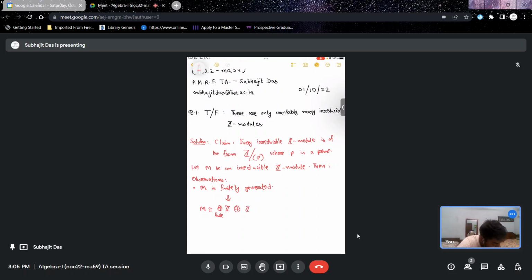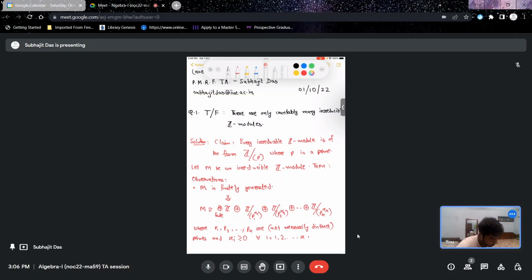So Z mod p1 to the power alpha 1, direct sum Z mod p2 to the power alpha 2, direct sum dot dot dot, direct sum Z mod p r to the power alpha r, where p1, p2, ..., pr are not necessarily distinct primes, and alpha i is greater than or equal to 1 for all i running from 1 to r.